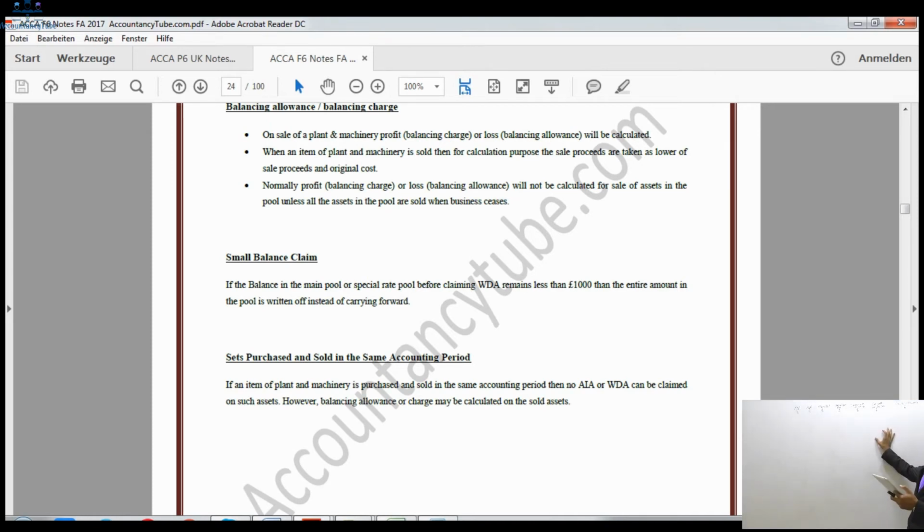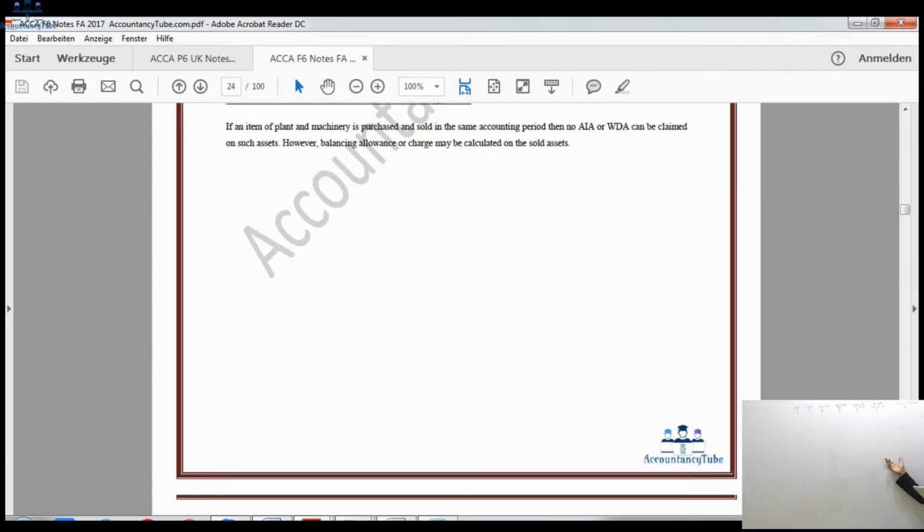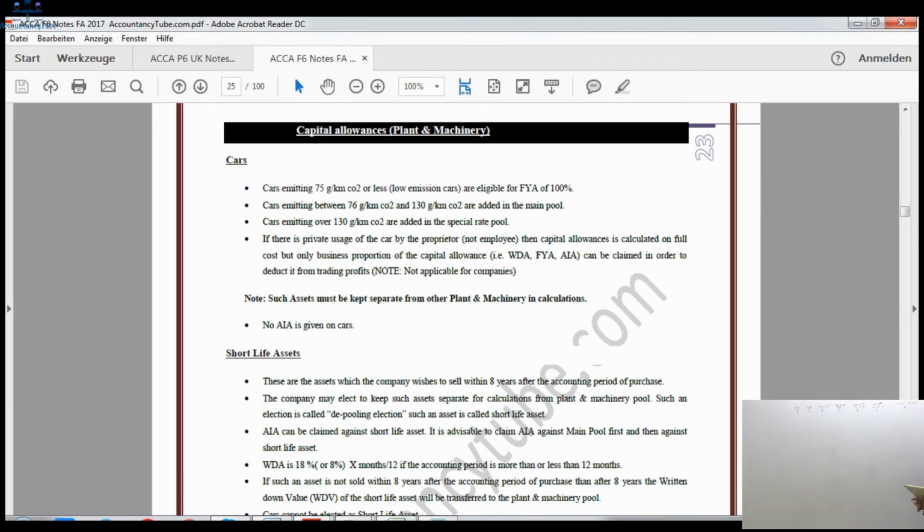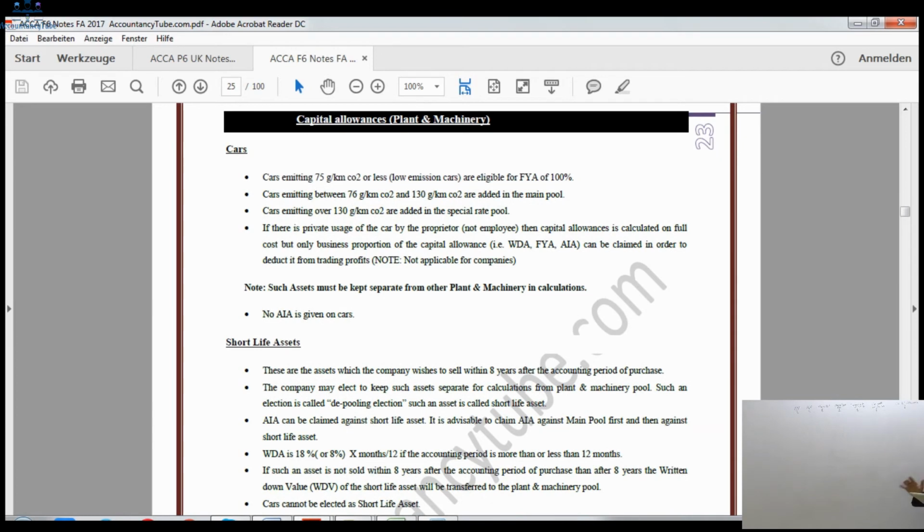Whenever we calculate the balancing charge or balancing allowance, we will have to make sure that all the assets in that pool are going to be sold. If we are only going to sell one asset out of that pool, then the balancing charge and balancing allowance will not apply. It will only apply if we sell all of the assets in the same pool.